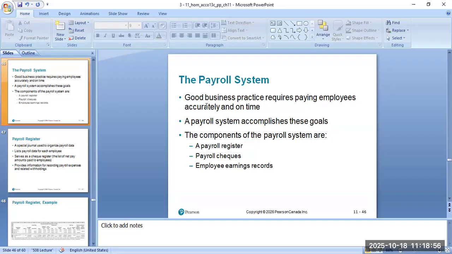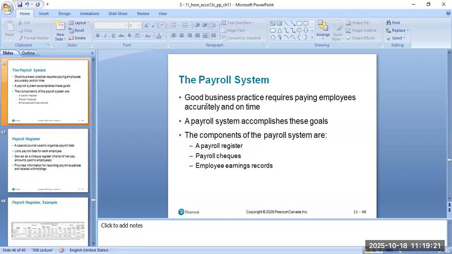The payroll system has to accomplish the goals of being accurate and being on time. You don't want to send the employee payroll one day after the payment date. If the payment date is on Friday, you have to send it the next business day, which is Monday.